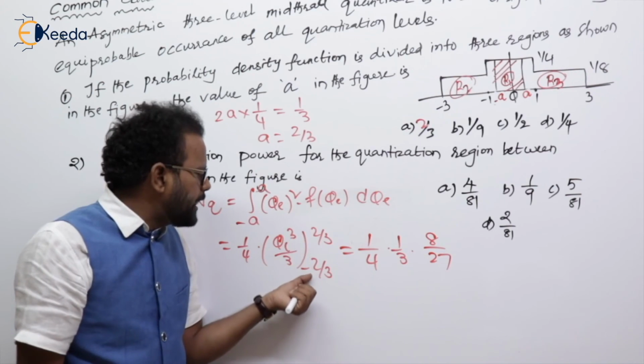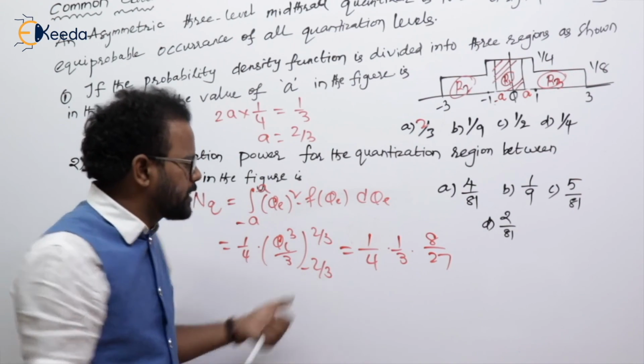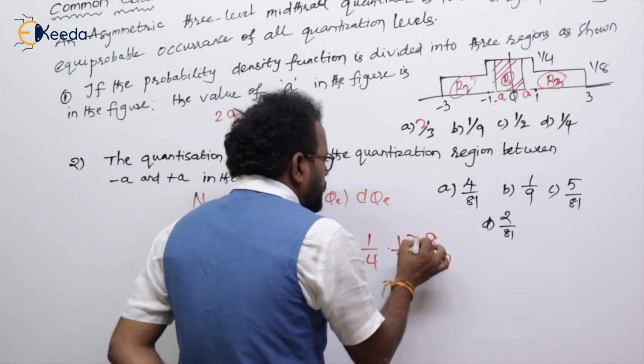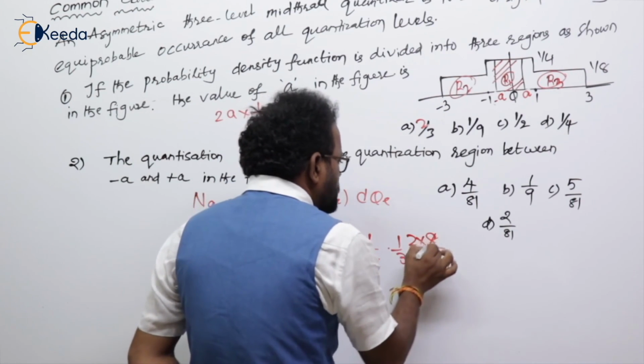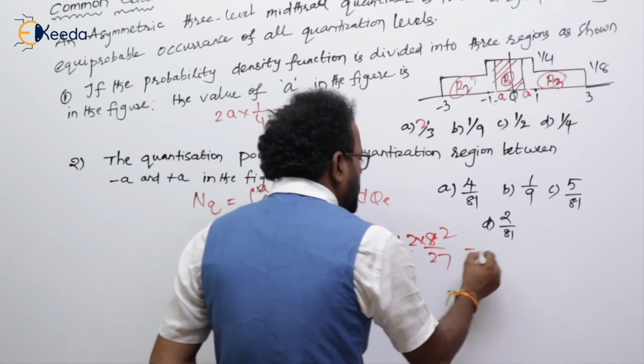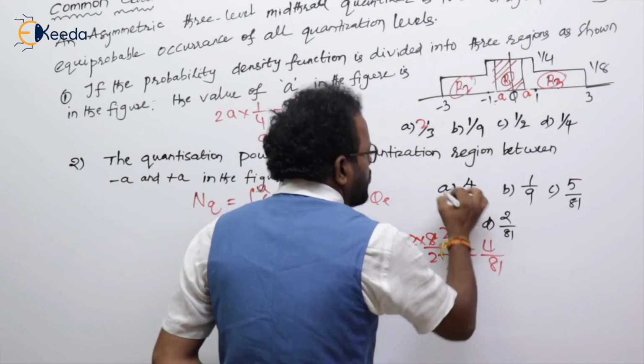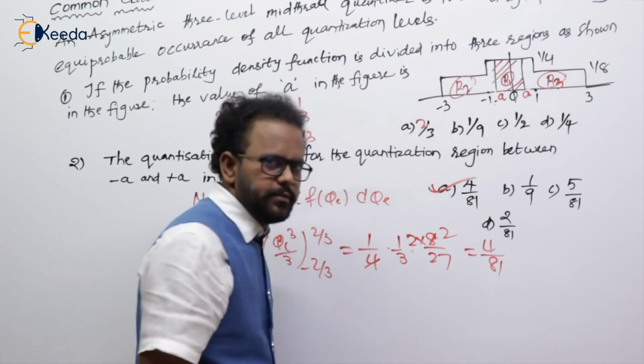Because cube of minus is minus, and the lower limit means minus. Minus into minus is plus. So I can say 2 into 4 ones are 4, 4 twos are 8. 27 into 3 is 81. So 4 by 81 is the answer.